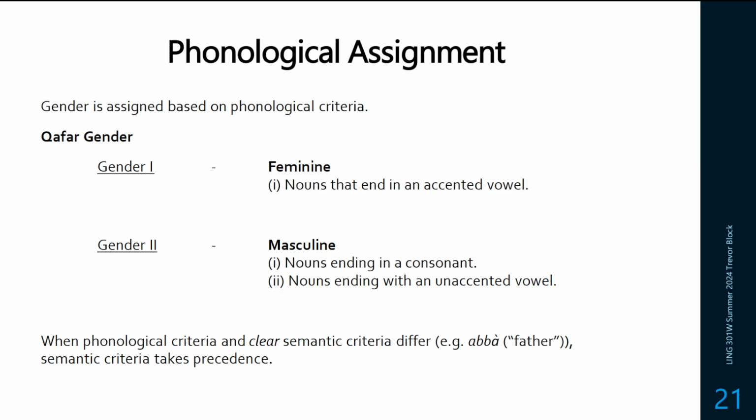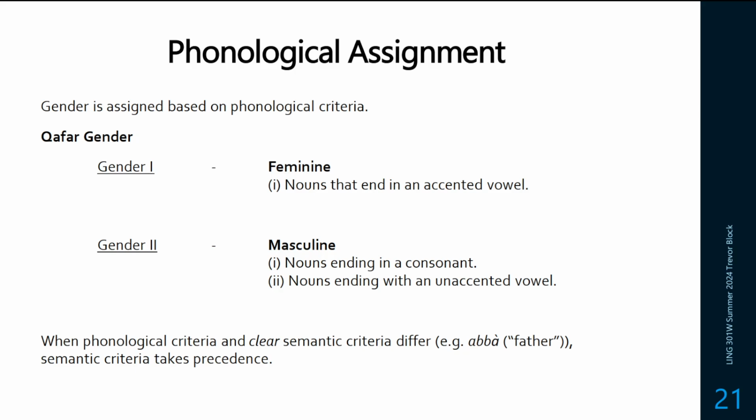So Kufar is interesting because they have masculine and feminine gender, and that's how it's written about in the literature. But if you actually take a look at feminine and masculine, there's not a huge semantic requirement there. They might have some nice prototypes, but even the prototypes don't necessarily fit the system.